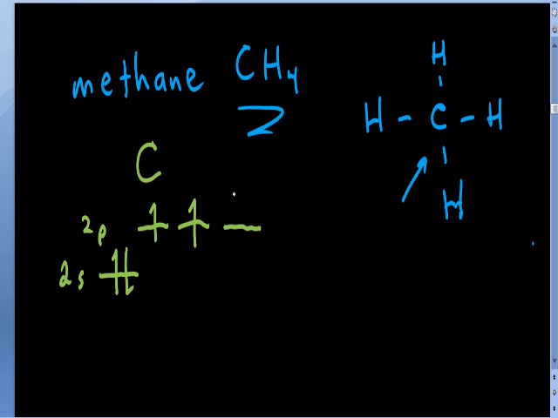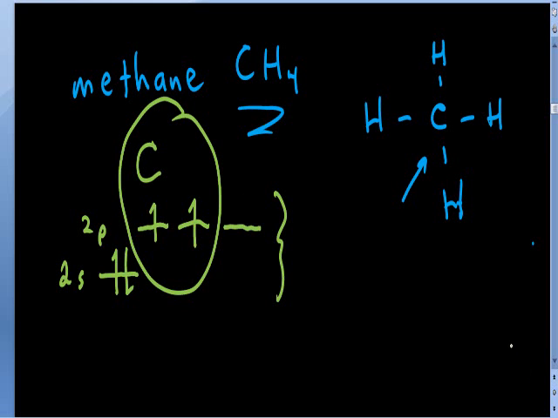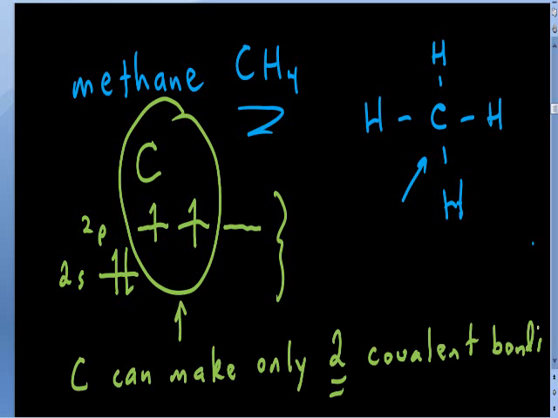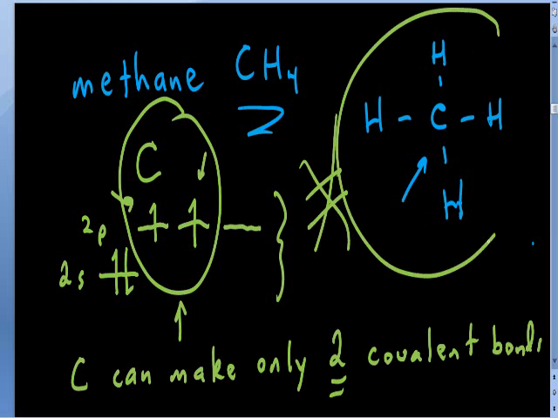However, in taking a look at the valence electrons of carbon, it can be seen that carbon has only 2 unpaired electrons. Based on this valence electron arrangement, carbon can make only 2 covalent bonds, one bond with each unpaired electron. So this valence arrangement of electrons for the carbon atom does not agree with what we see for a known structure of the methane molecule.